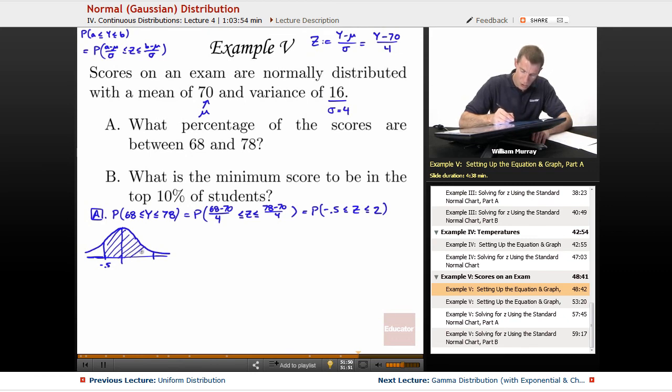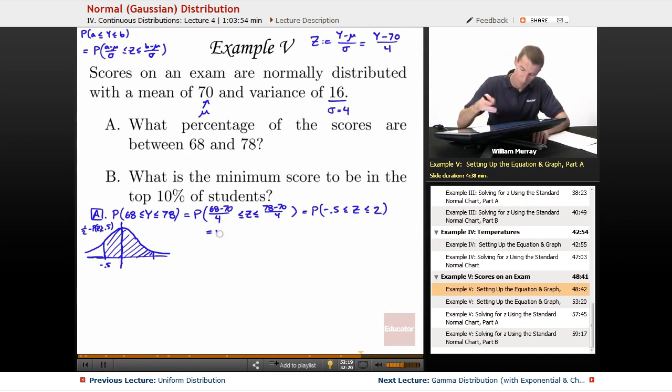And as usual, I think I'm going to split that up into 2 areas. And the left-hand area is, well, the total area would be 1/2 minus the tail area, which is the probability that z is bigger than 0.5. I'm subtracting off a positive tail because it's symmetric. So the positive and negative tails have the same area.